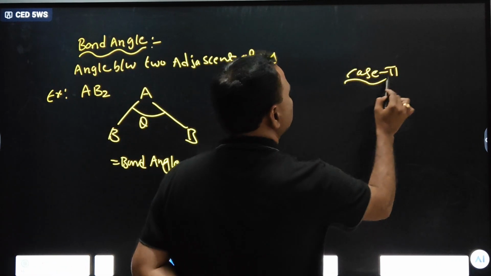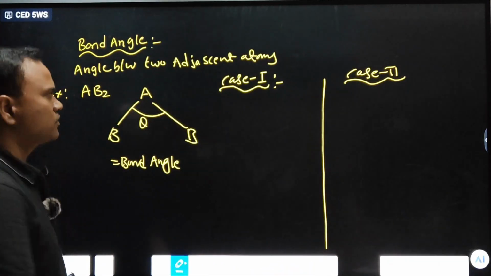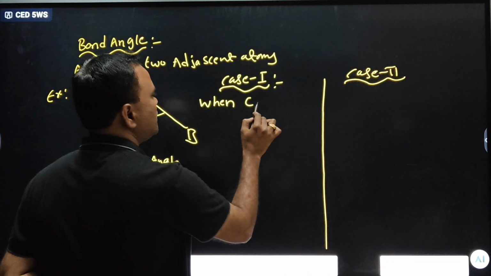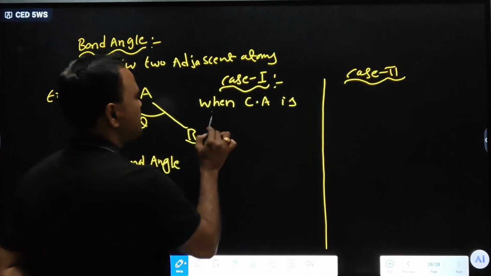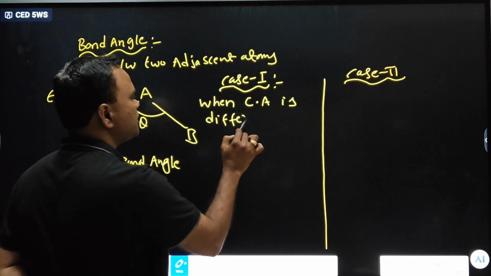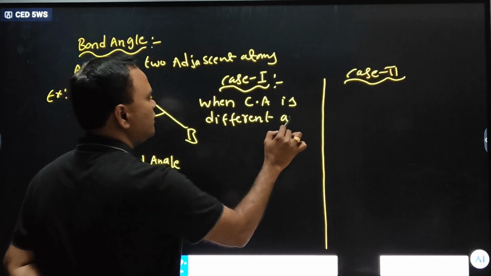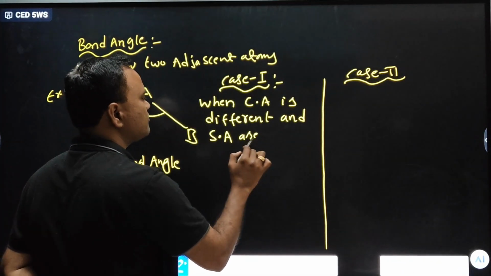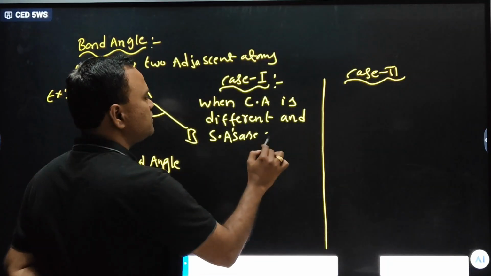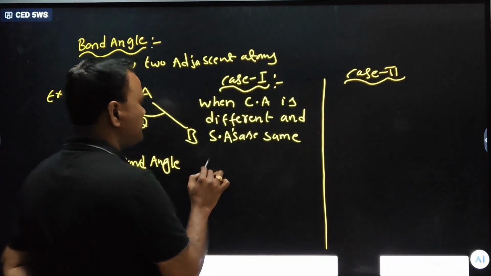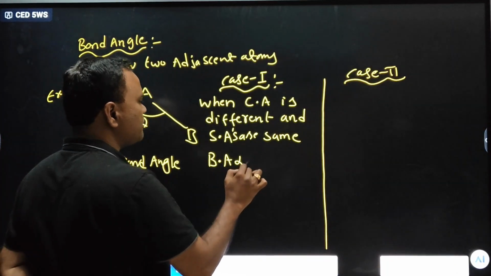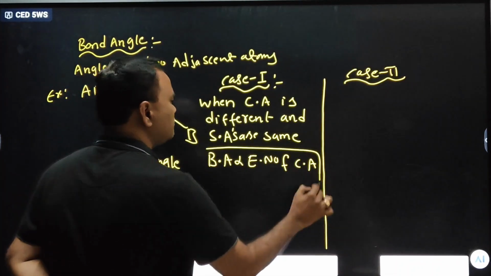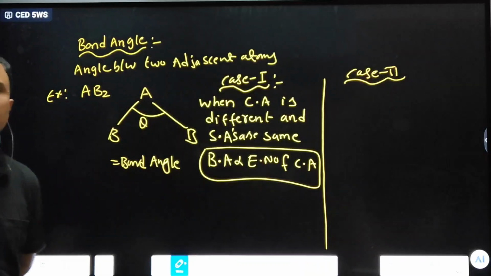Case 1: when the central atom is different and the surrounding atoms are the same, then bond angle is directly proportional to the electronegativity of the central atom.